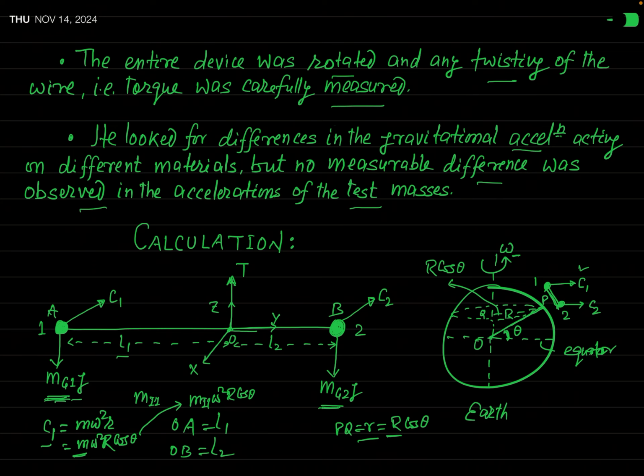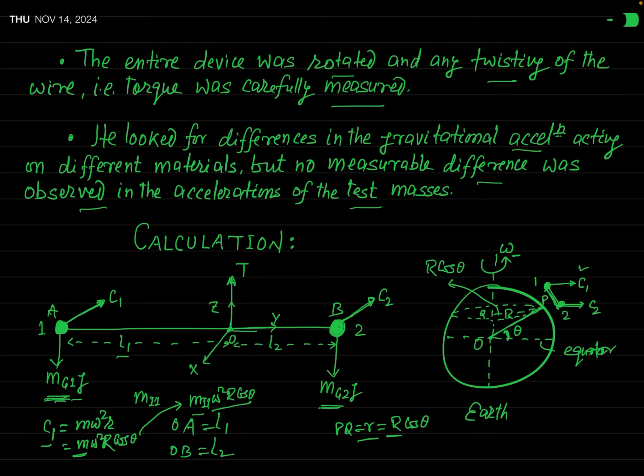Similarly, the centrifugal force acting on mass 2 will be simply mi2 times this much, only instead of mi1 you will write mi2, the inertial mass of the second object. In this figure, I have shown the centrifugal force C1 acting on A, and the centrifugal force C2 acting on B.